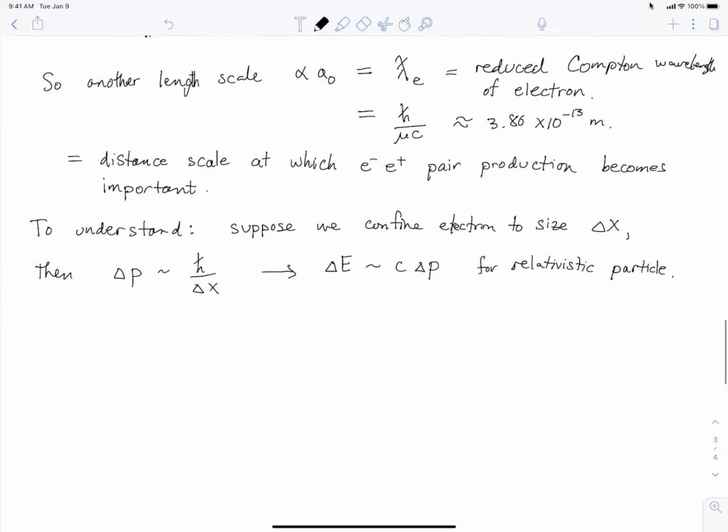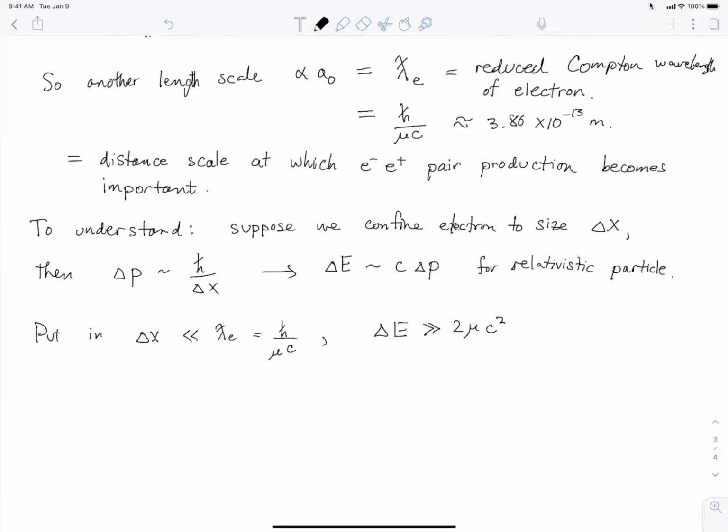And so now if we put in for that delta x, if we say it's much less than the reduced Compton wavelength, which is h bar over the mass times the speed of light, then we find out that the energy uncertainty is much, much larger than twice the mass times c squared.